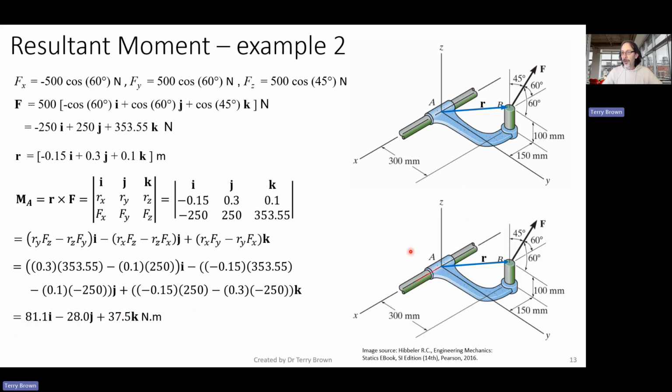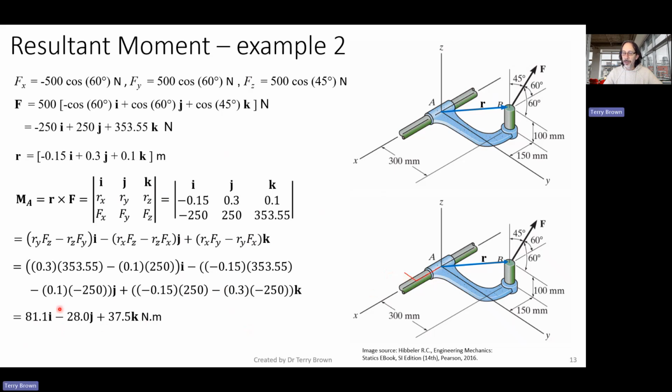All right, so this first term is the moment vector in the x direction. So we can see that's going in the positive i or the positive x direction. So we put that there. So really what I'm drawing here are essentially the components of the moment that we've calculated.